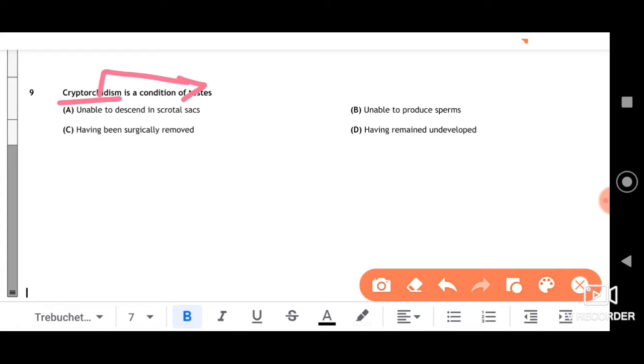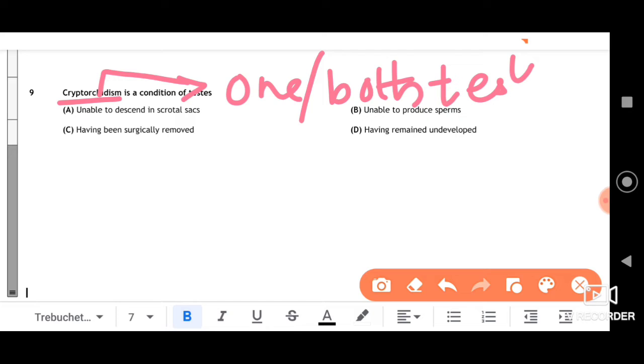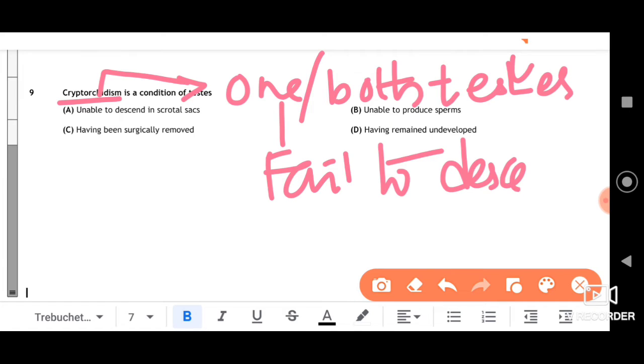cryptorchidism is a condition in which either one or both testes fail to descend from the abdomen into the scrotum.